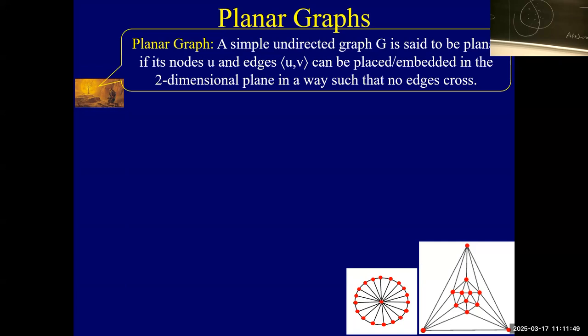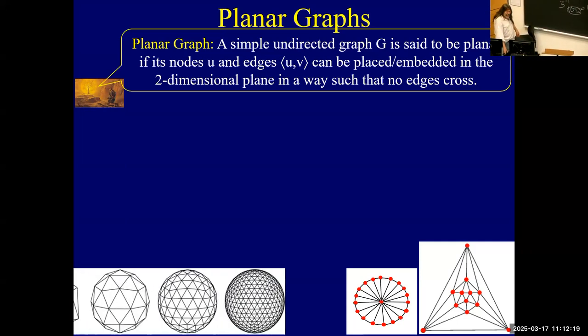I give every node a color so that some nodes can have the same color, but they can't have the same color if there's an edge between them, right? It's kind of like I want to schedule courses to time slots, and every course has to go to a time slot, but two courses can go to the same time slot, but not if the same people are taking it, right? So graph coloring is important.